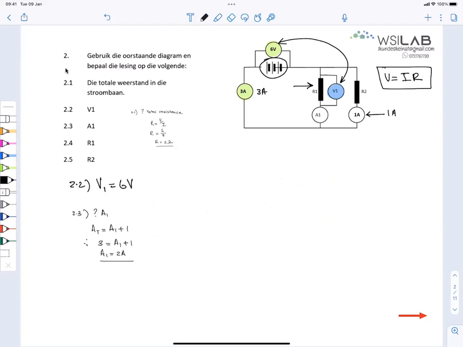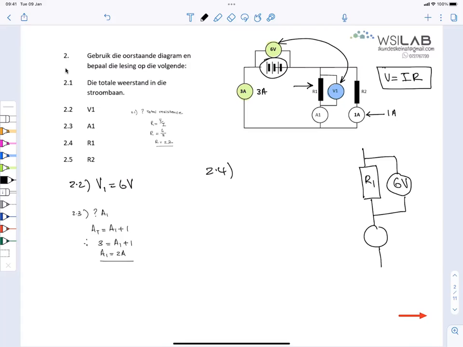Okay, let's do 2.4. What is the reading on R1? Okay, so there's R1. I have that voltmeter now, 6 volts. And I have the reading on the ammeter at the bottom.